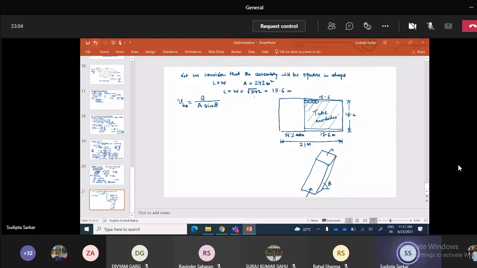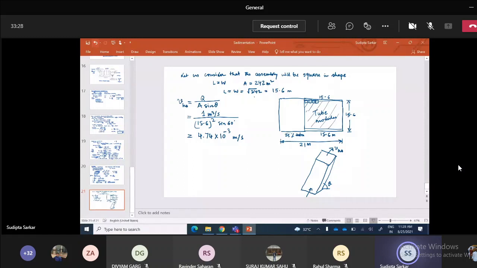This gives me 4.74 into 10 to the minus 3 meter per second. So each of these will have a VH theta value of 4.74 into 10 to the minus 3 meter per second.